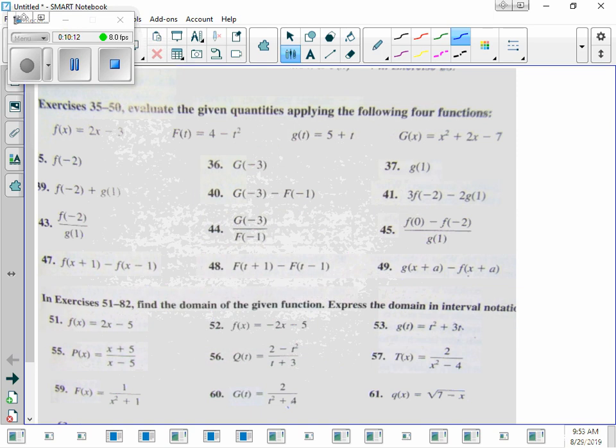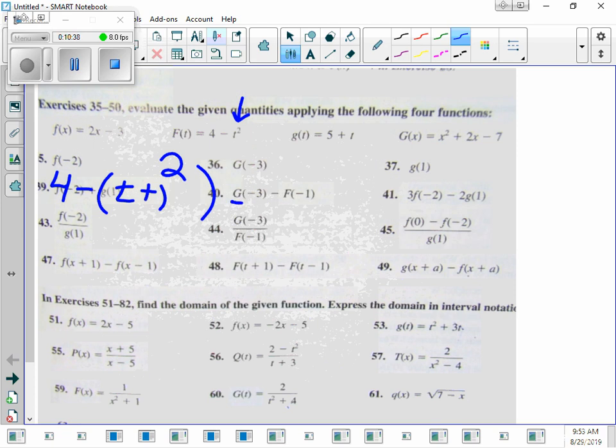And then look at number 48. Capital F of t plus 1 minus capital F of t minus 1. Because the formula contains a variable, my solution will also contain a variable. It's not going to be a number. I need to put t plus 1 in here. So I'm going to write 4 minus t plus 1 squared.